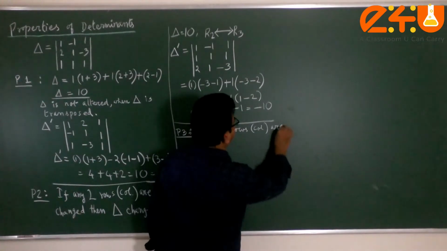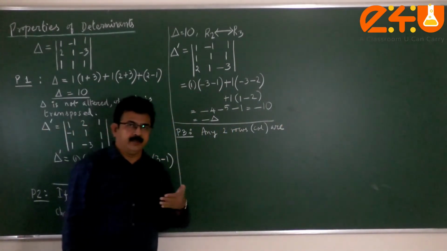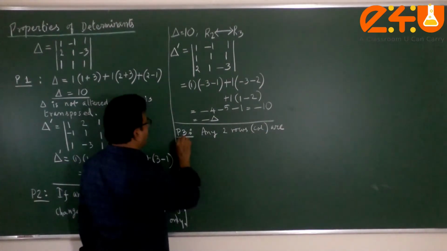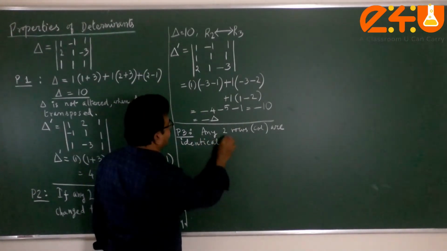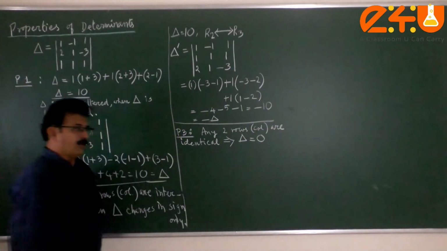What do you mean by identical? As I told you, all elements are identical in the corresponding rows. Any two rows or columns are identical, so that implies the determinant value will be 0.